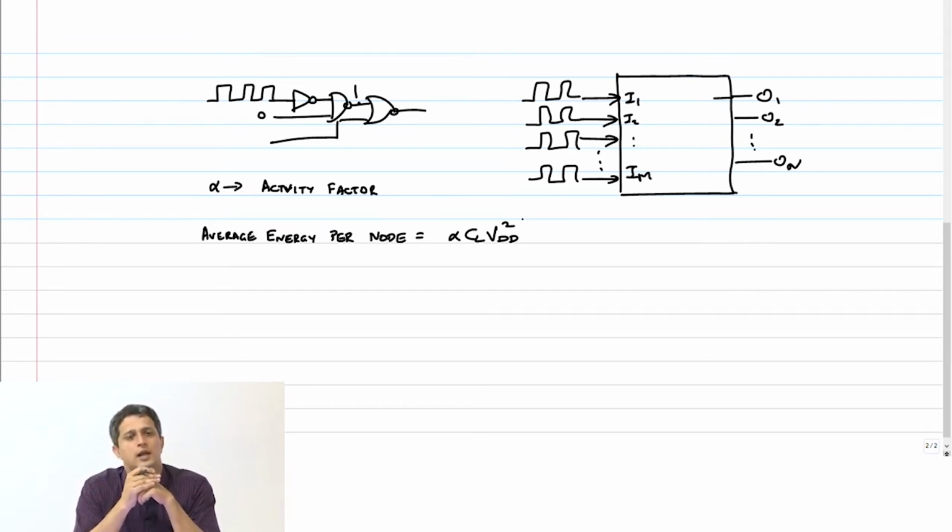Now if you have something like a clock, the activity factor for a clock is 1. It is switching every single cycle, right? So that is the highest possible activity factor that you can have. For every other node, it will be somewhere between 0 and 1, right? Mostly it will actually be quite low, right?